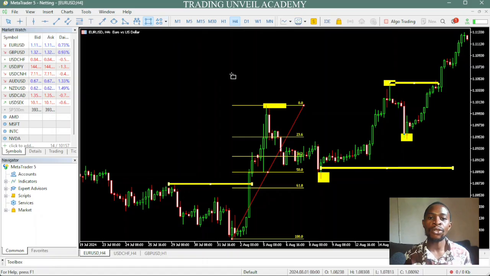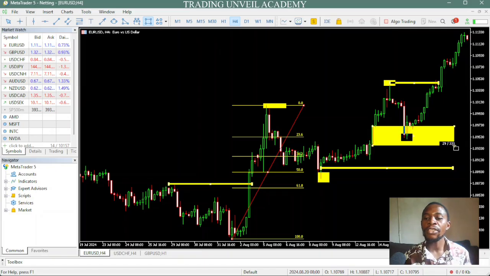Within that discount zone, it is going to be either a fair value gap or an order block. So is there any fair value gap here? This is the fair value gap. As you can see here, the market just traded within the fair value gap and it fires up to the upside again. So these are the 3 things I check in every market before I take any trade.